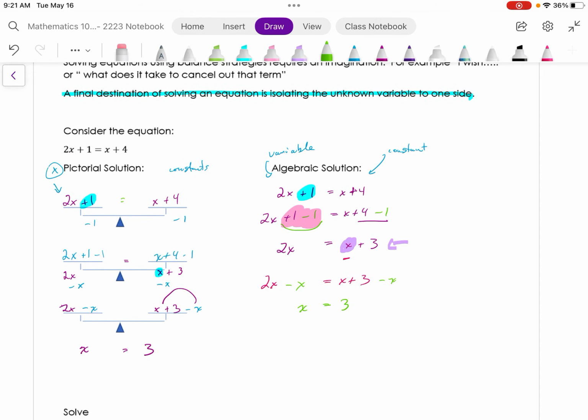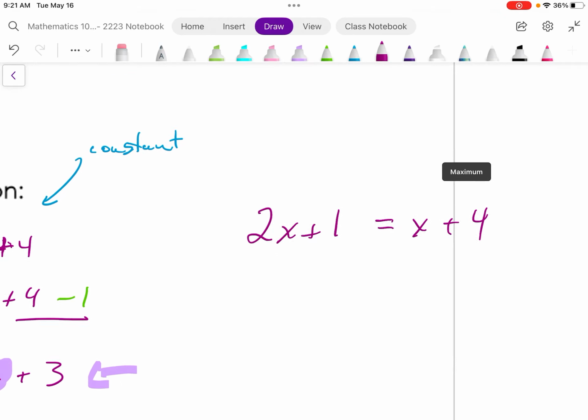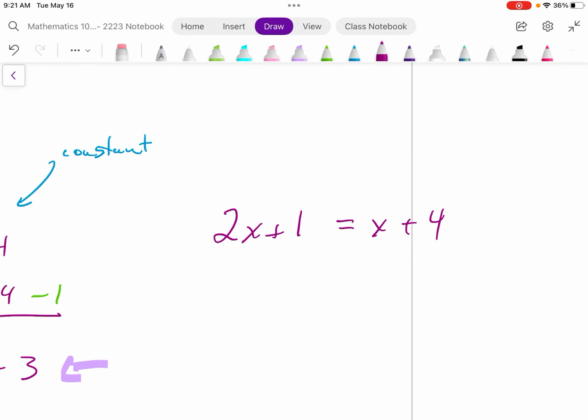Now I'm going to do it a third way, maybe more advanced, but for some people this rings more true. It's actually being one step ahead. So here's my equation again. I'm going to move, now it's weird, I say move to the other side, but really I'm going to try to get rid of this adding 1 on the left-hand side.